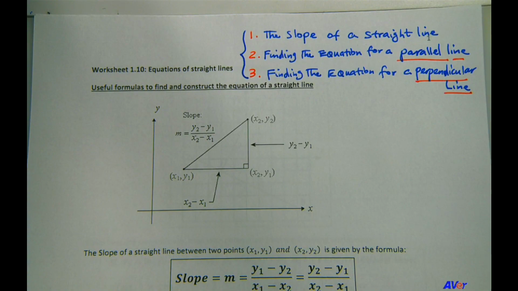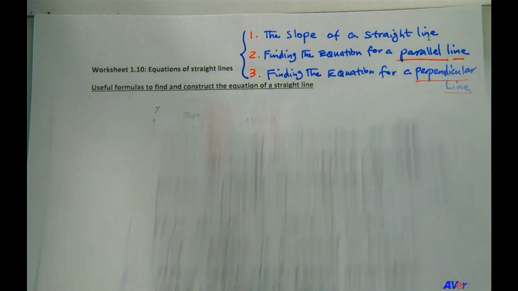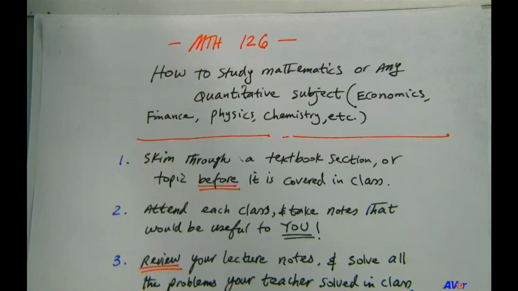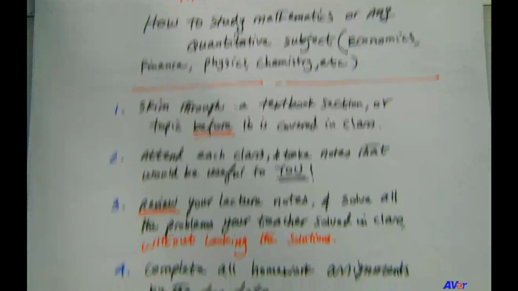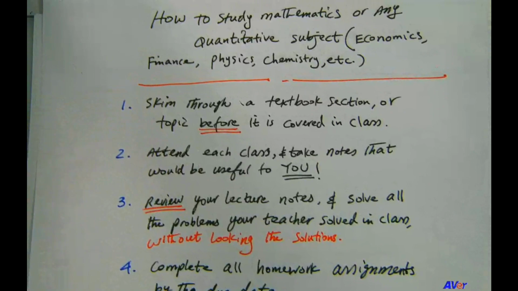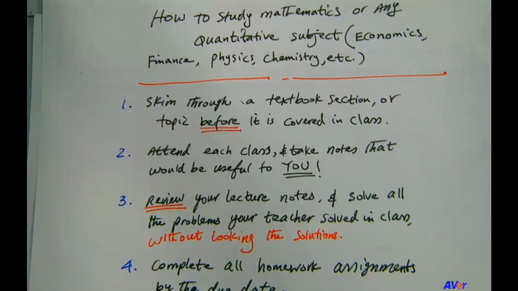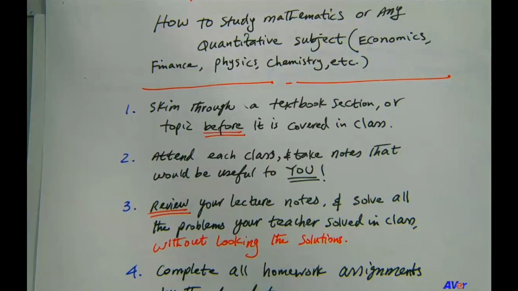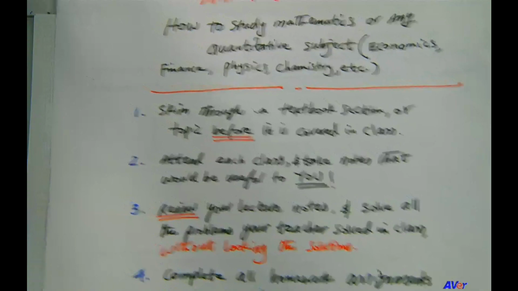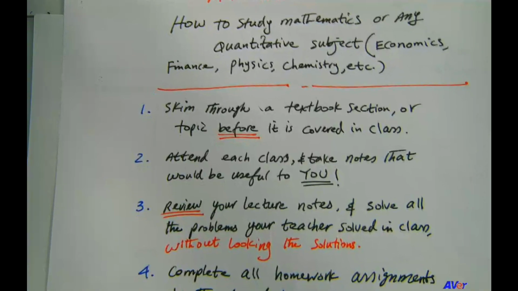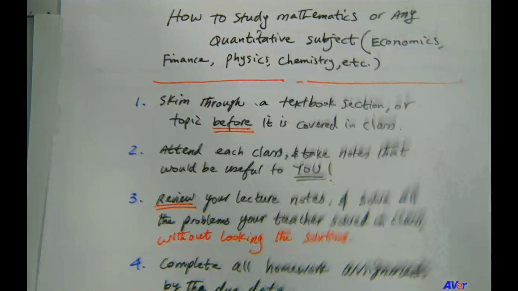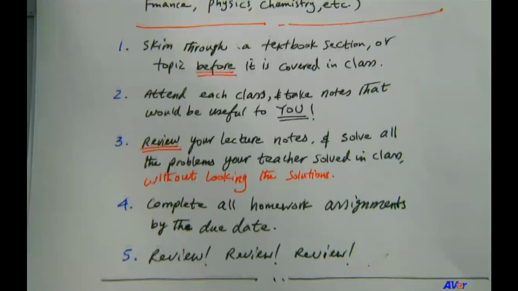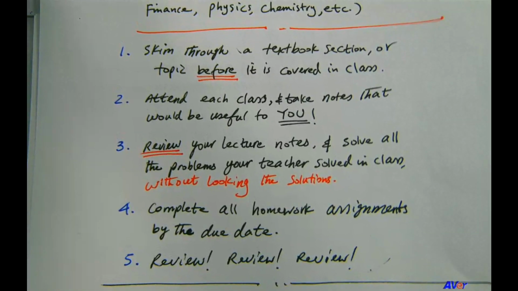Just a reminder before we start covering these three main topics, the way to study for this course is, first, before you watch the video or come to class, skim through the textbook section that is going to be covered. Spend no more than an hour. If it's a very long section, usually you should spend about half an hour to 45 minutes reading through the section, and then attend the class and take lecture notes that are useful to you.